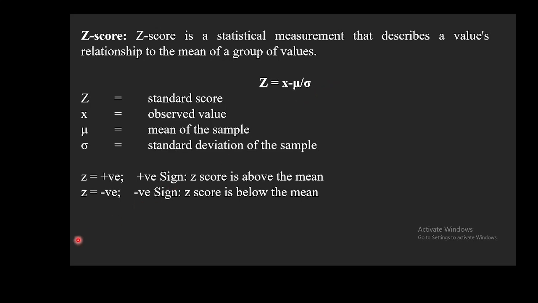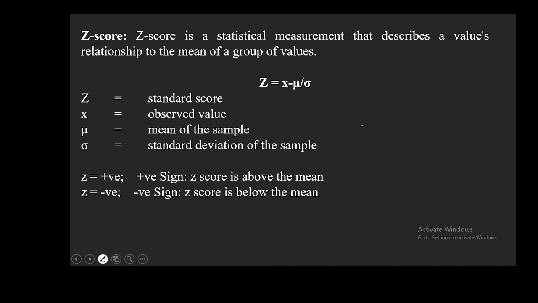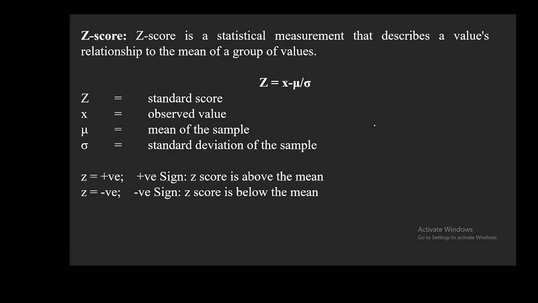If the z value is positive, it means the value is above the mean, and if the z value is negative, it means it is below the mean. For example, if this is your mean and the z-score is positive, it is above the mean.